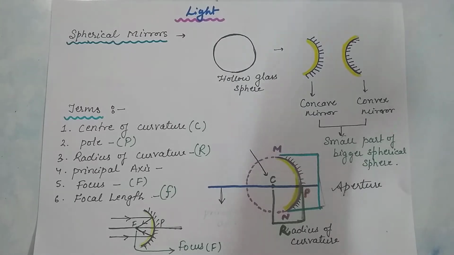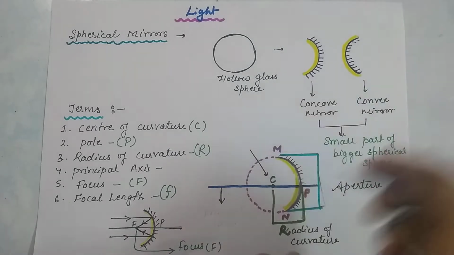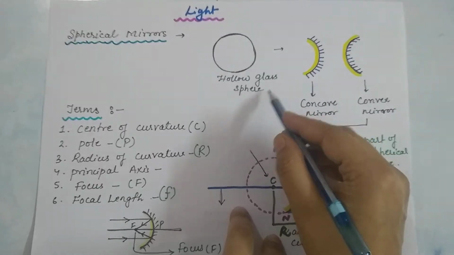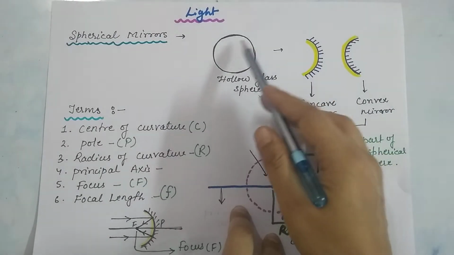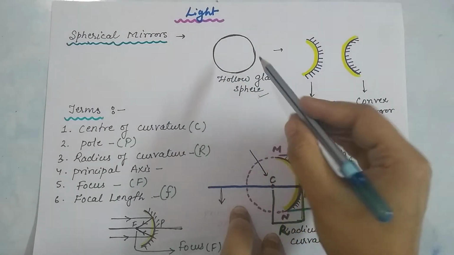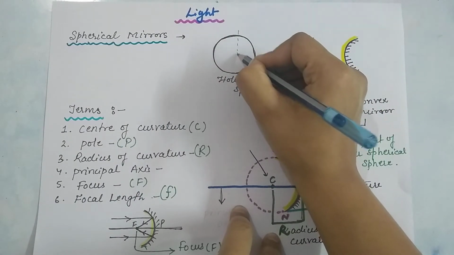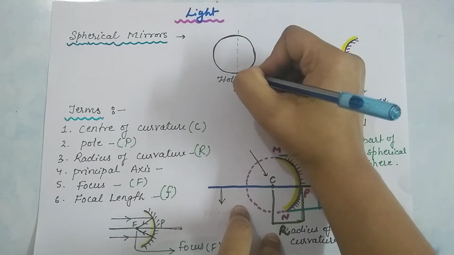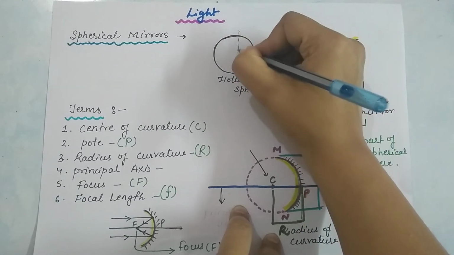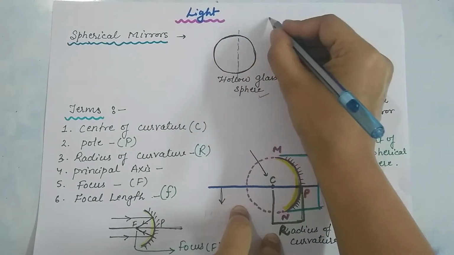Spherical mirror, as the name suggests, comes from a sphere. So it comes from a hollow glass sphere. When we cut this glass sphere, we get this part.